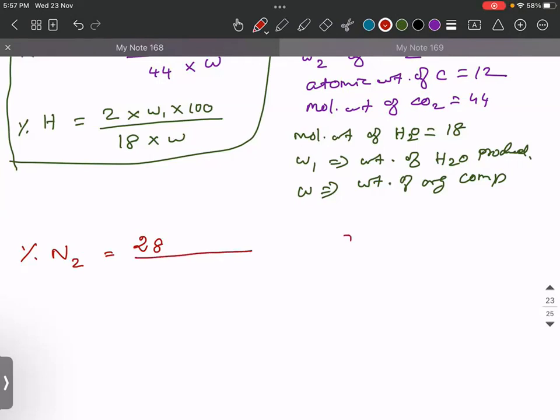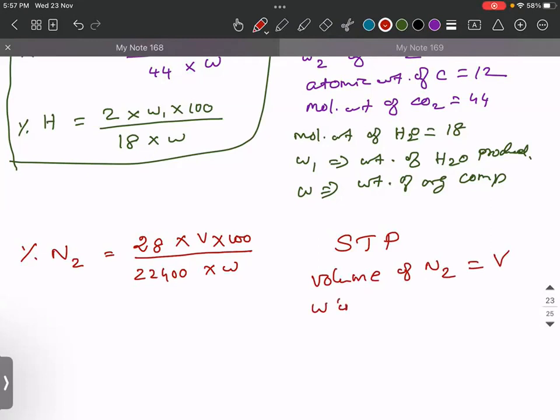They are calculated at standard temperature and pressure. What is V? V is the volume of N2. W is the weight of the organic compound.